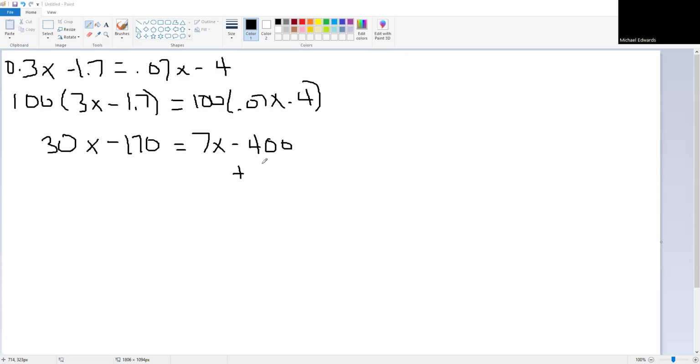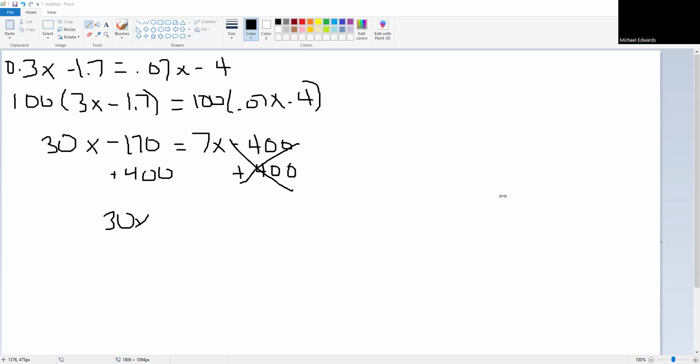The 400 on both sides. So we'll add it here. So this gives us basically nothing. And we end up with 30x minus, okay, so we're doing a negative 170 minus or plus 400.